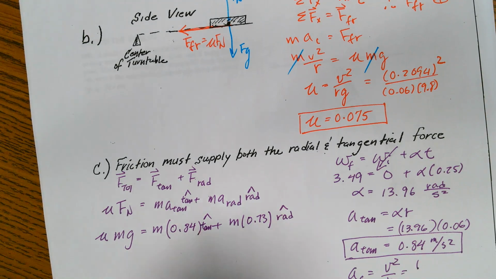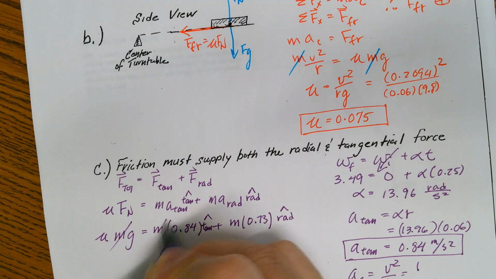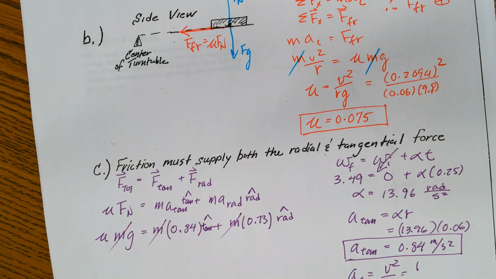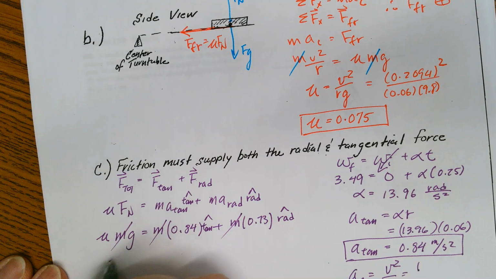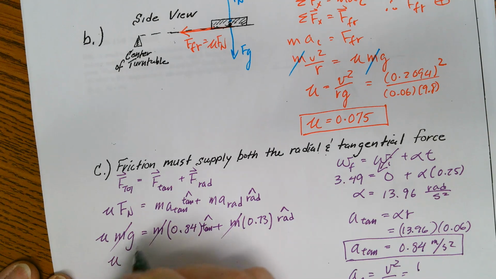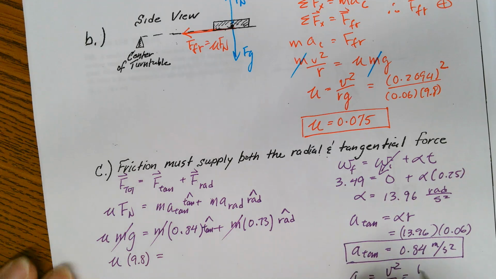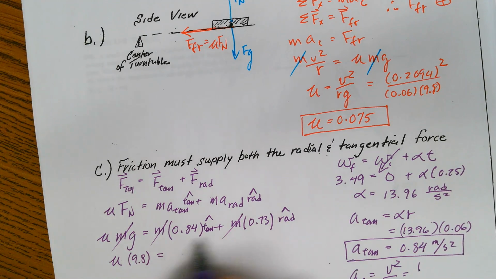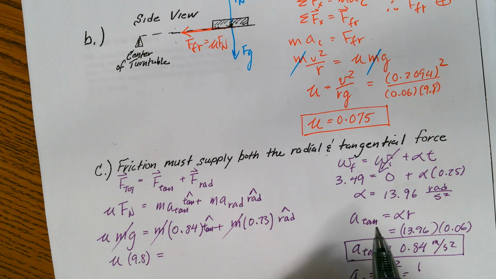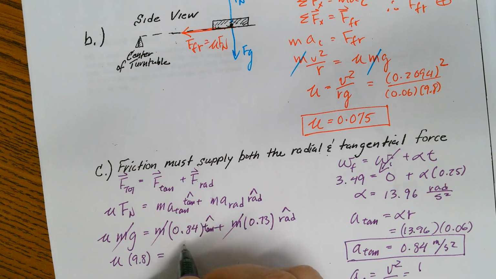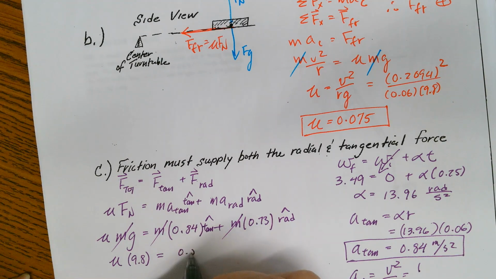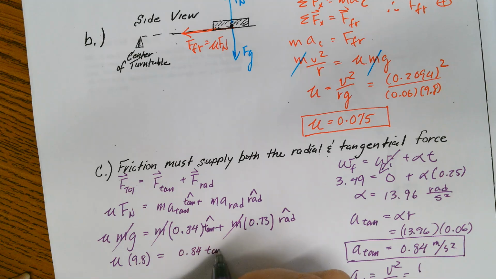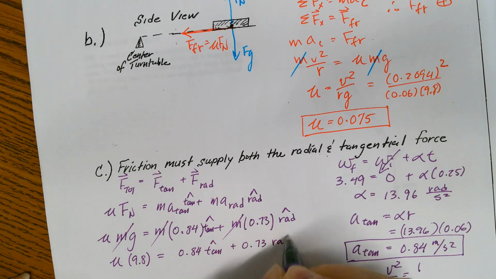So here, masses can cancel out nicely. So mu times 9.8 is equal to basically this: 0.84 tangential hat plus 0.73 radial hat.